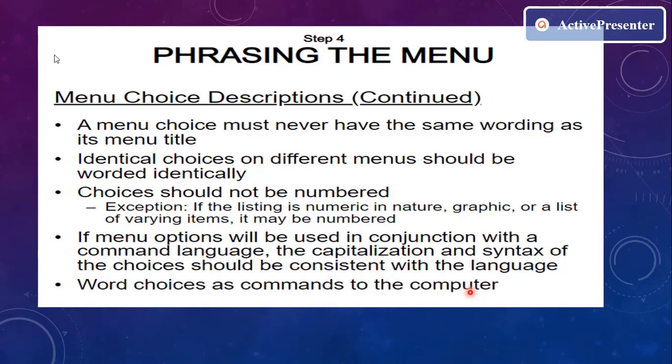So don't ask the question whether the user wants to save and exit, yes or no. Yes or no means the user has to react to that particular question. Instead of that, directly writing save and exit will complete the task.